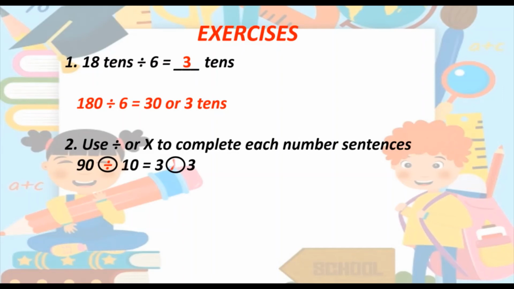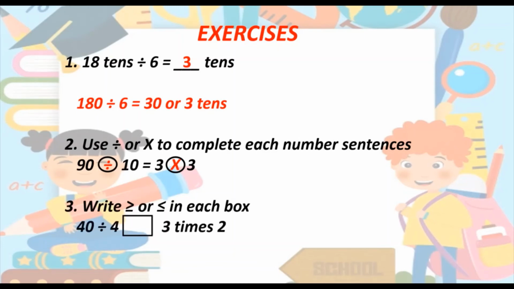So we can put the multiplication sign between 3 because 3 multiplied by 3 is 9 and thus the values are equal. Write greater than or less than in each box. So 40 divided by 4 is 10 and 3 times 2 is 6. So which is greater? Obviously 40 divided by 4 is greater than 3 times 2.